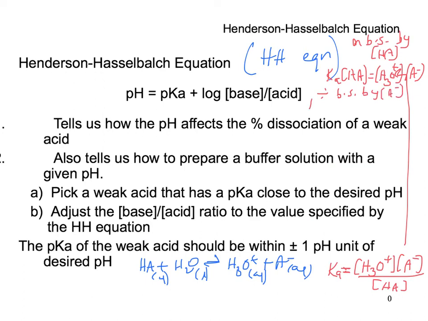That would give you Ka times HA divided by A minus is equal to hydronium.